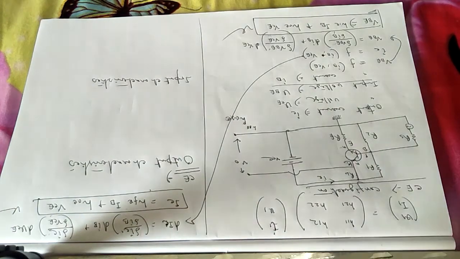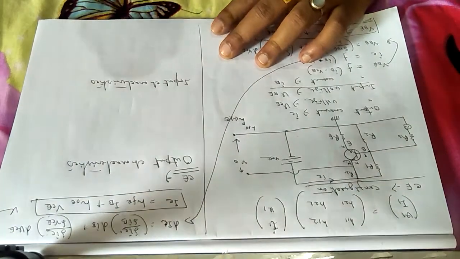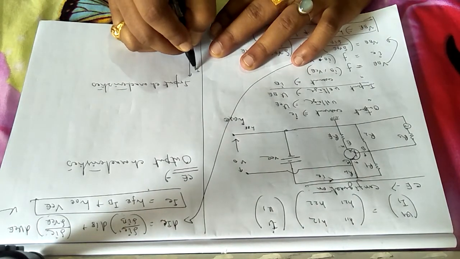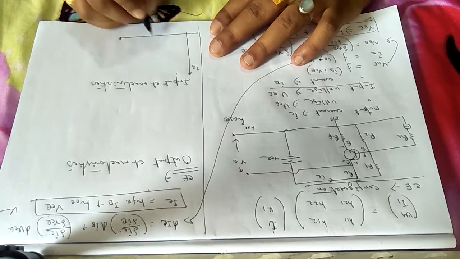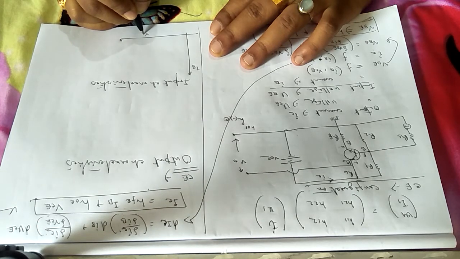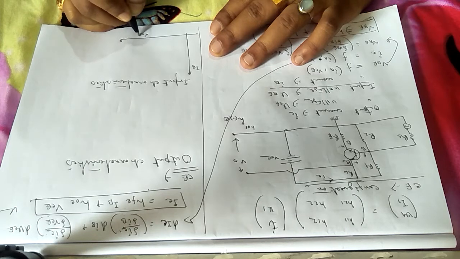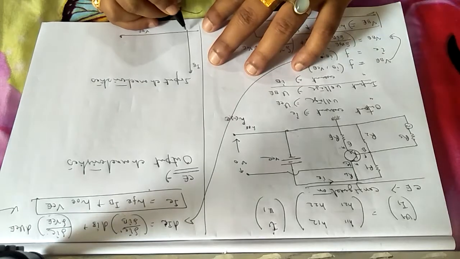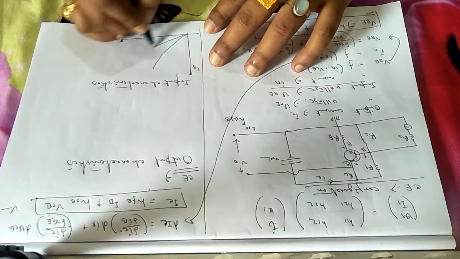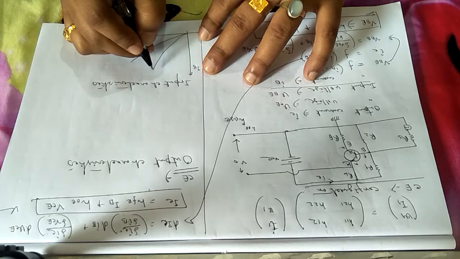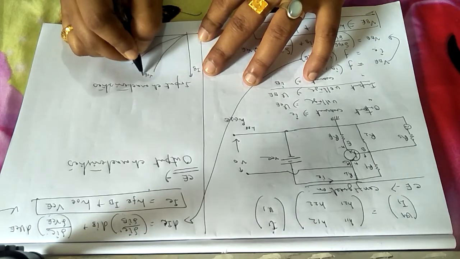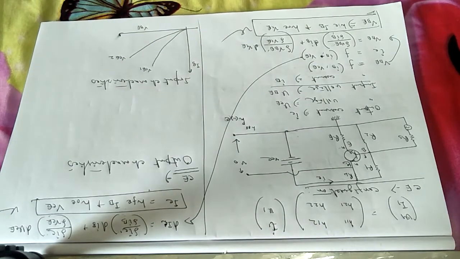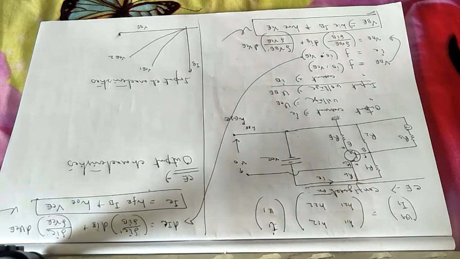If you remember, the input characteristics was giving you the relationship between input current, that is IB, and input voltage VBE. Input current to input voltage, and the graph was like that. This one graph, another graph. Suppose this is for VCE1 and this is for VCE2. You can consider any value, 10 volt, 20 volt, anything.